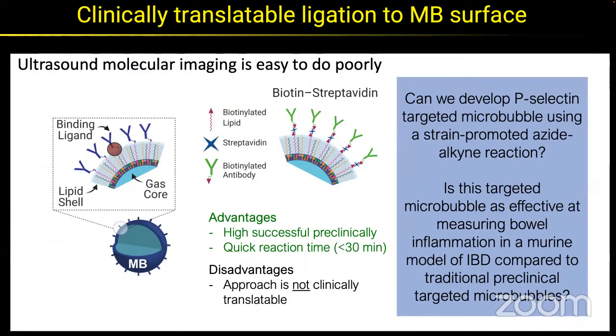So we wanted to develop a targeted microbubble that uses something that's just as easy as biotin streptavidin to add targeting agents to the surface, but is clinically translatable. We focused on this strain-promoted azide alkyne reaction, which is basically copper-free click chemistry. And we use this to test inflammation in a murine model of inflammatory bowel disease.